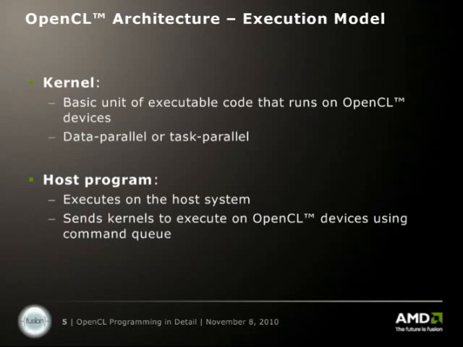So this is the host program. And on the host side, you are basically performing memory management and managing the execution of these kernels on one or more devices. And you do this by using a command queue. That's the essential programming element that you use. You'll queue up commands for memory management and kernel execution for the various devices in your system.